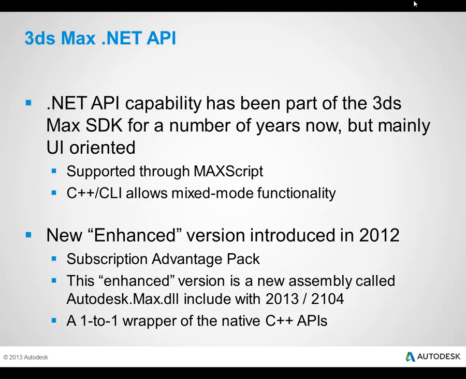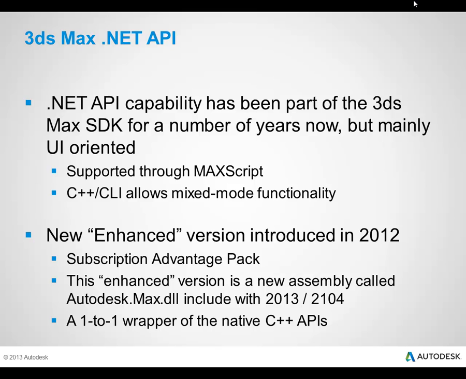So that brings us into the .NET API. Let's talk about its history a little bit, just so you understand when and where it came into play. It's been part of 3ds Max for a number of years, but it was mainly for the UI elements. In the morning class, I talked about the ribbon, and that's the primary reason we got .NET in Max in the first place.